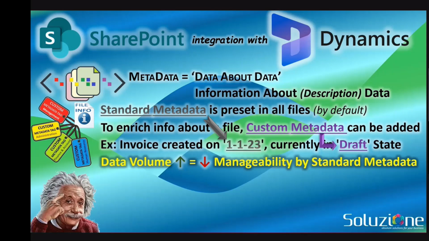Now, why am I talking about this? Typically, as time goes on, the volume of data increases. As data grows, it becomes more difficult to manage a file purely on the basis of standard metadata. And that is where custom metadata plays a vital role.